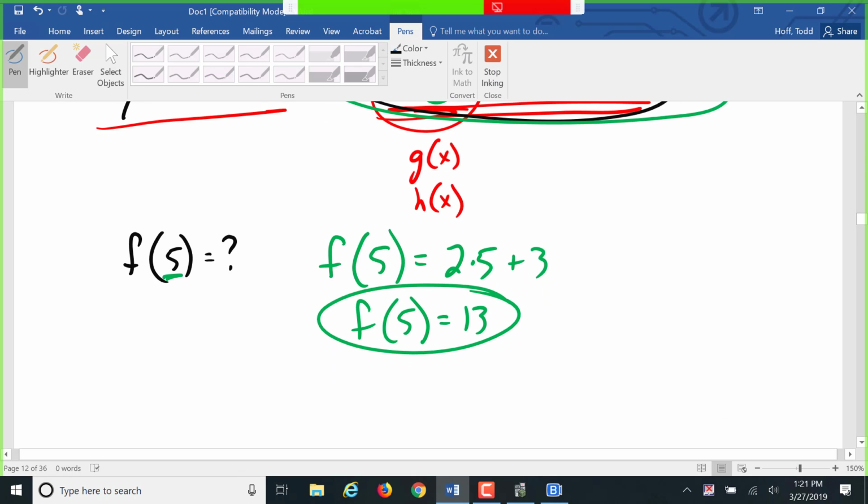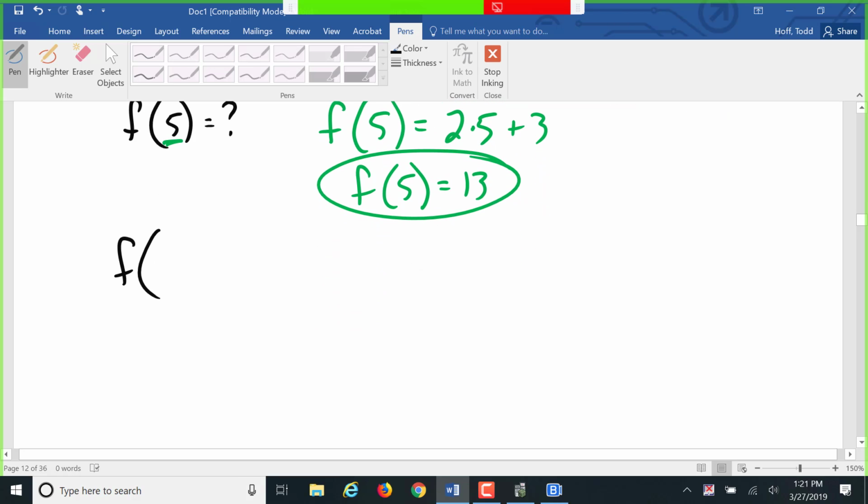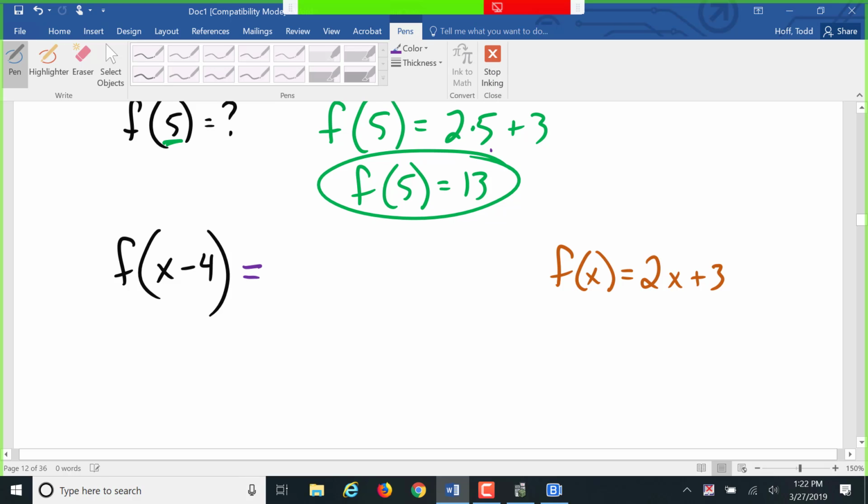Now we can be a little trickier than that. We might ask you, what is f of x minus 4? Well, remember, f of x is 2x plus 3. F of x minus 4 is asking us to replace x with what?